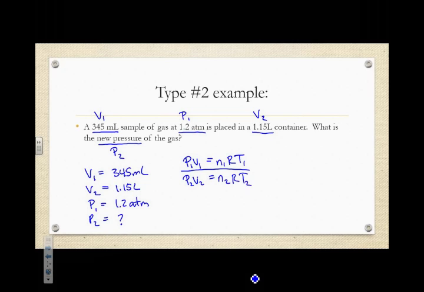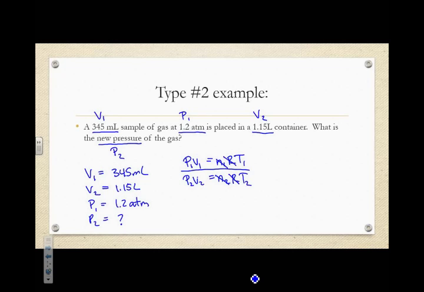And when I do that, I can cross out what stays constant. Now, in this scenario, what stays constant is the stuff that I don't know anything about. So it didn't tell me anything about the number of moles, and it didn't mention temperature. So I can safely assume that those stay constant. And if something stays constant, then that means it doesn't change. So my n1 and my n2 values will cancel each other out because they're the same number.